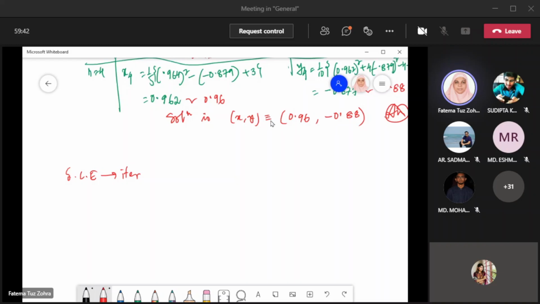It should be diagonally dominant. Then I ask you, what is the condition for the iterative method to solve a non-linear equation?